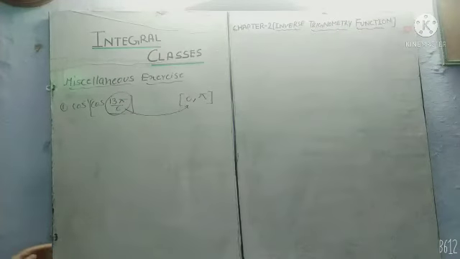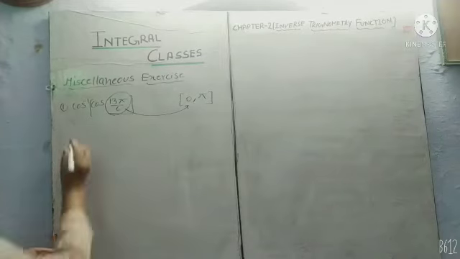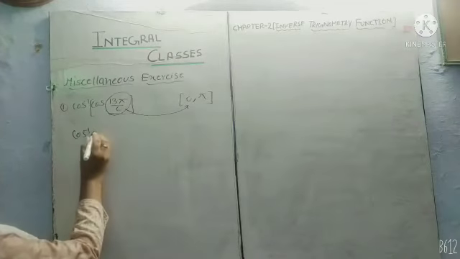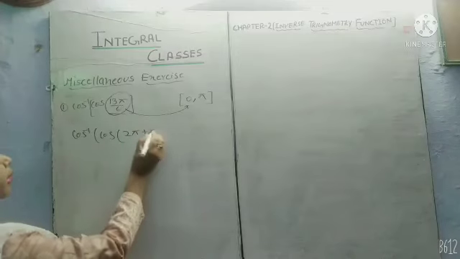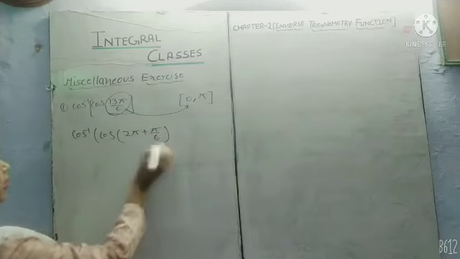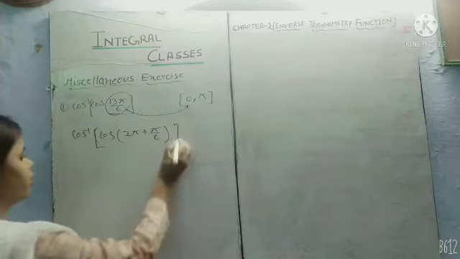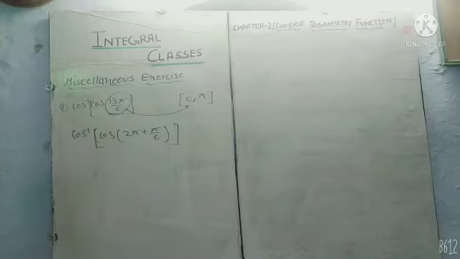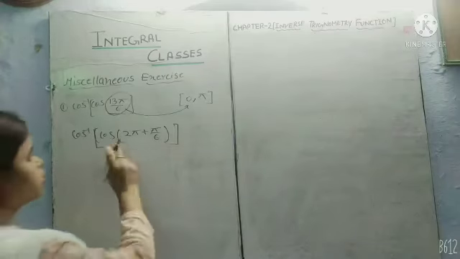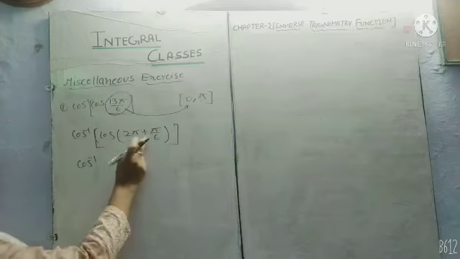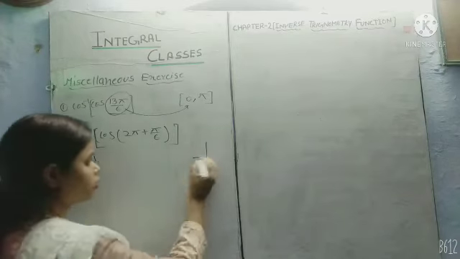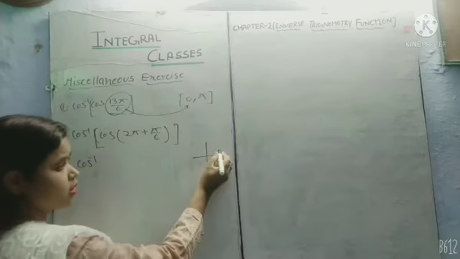So how can we change it? We will write cos inverse cos of 2 pi plus pi by 6. In the fourth quadrant we would go 2 pi plus, it means the first quadrant.